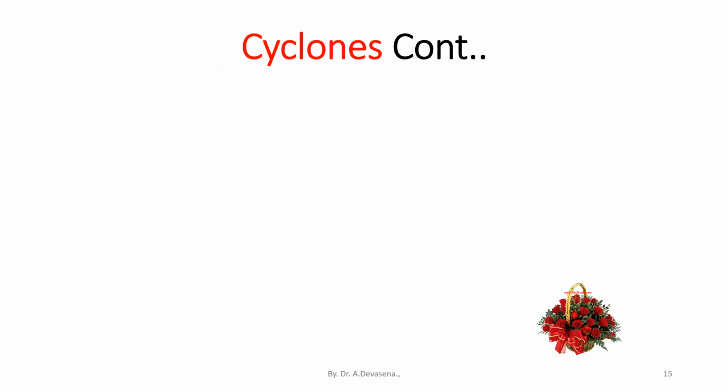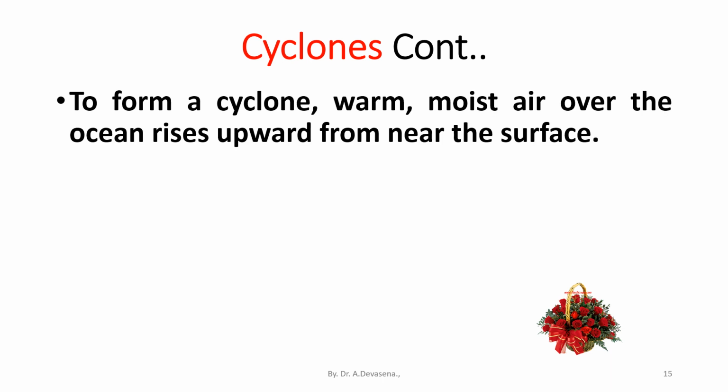So far we have seen the information about rain, lightning and thunder. Now we will see the continuation of the cyclone information. To form a cyclone, warm, moist air over the ocean rises upward from near the surface.